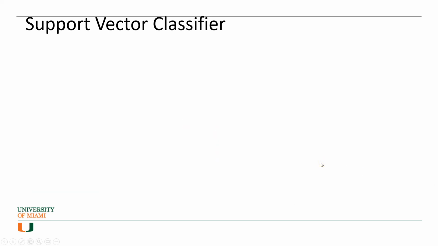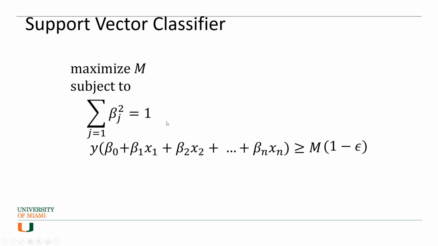Well, the formula is actually very similar to what we had for maximum margin classifier. So here, again, you have the distance, and you are going to maximize the distance subject to the constraint that the beta j's squared should be equal to 1, and the distance should be larger or equal than m.